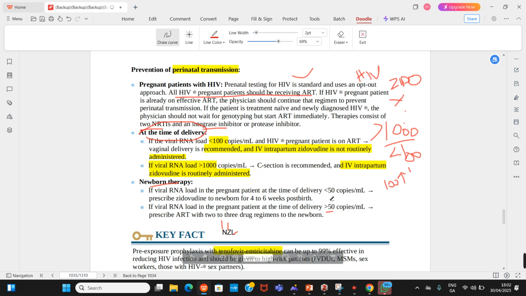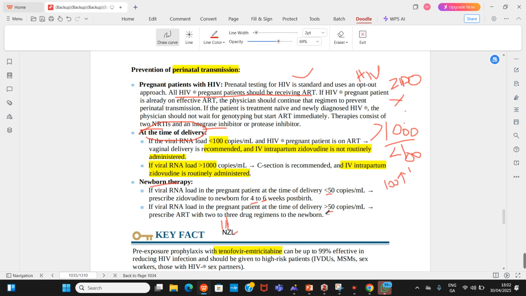But if the mother is having less than 50, you can just give zidovudine alone for 4 to 6 weeks. So if the mother is having copies of 50 or less, give zidovudine alone to the baby for 4 to 6 weeks.